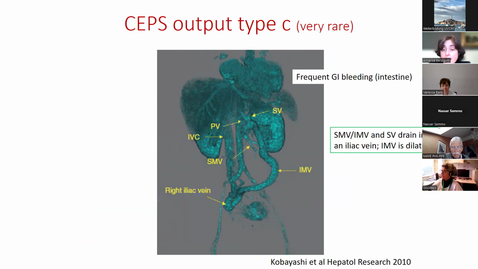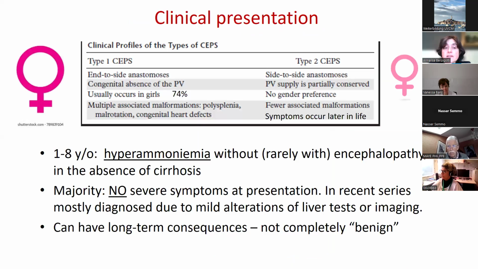You can see that there is an enlarged inferior mesenteric vein that goes into a right iliac vein. And this is important also to our colleagues of gastroenterology, because this often leads to congestion of the intestine and then lower gastrointestinal bleeding.